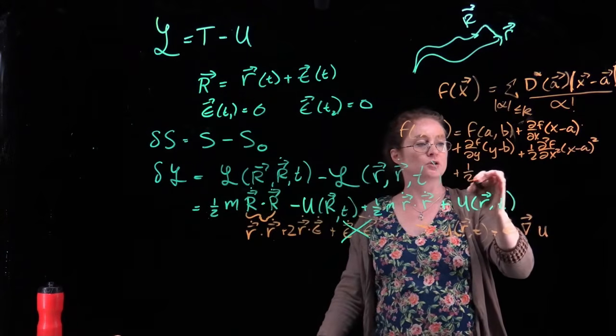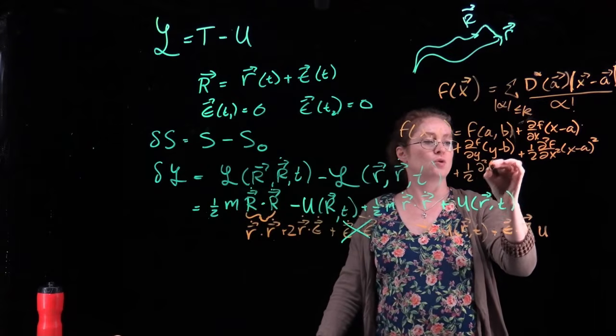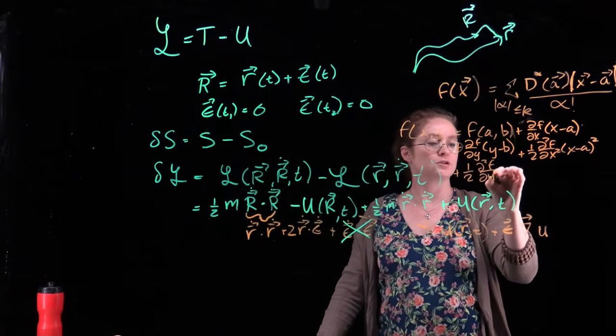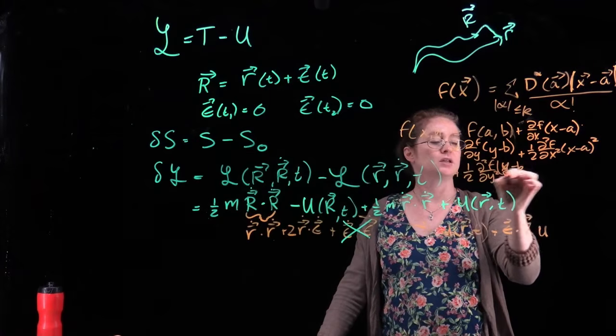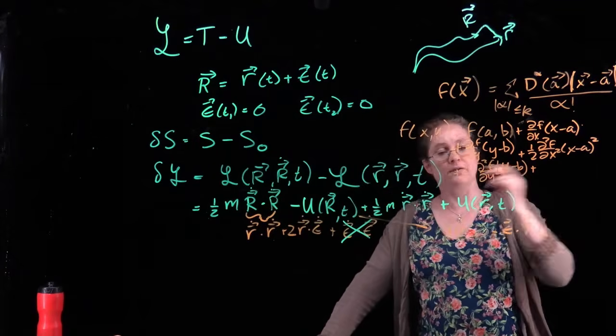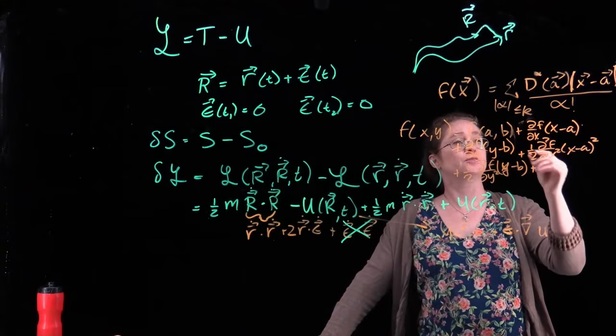You're going to have a similar term for the y term, y minus b. And then you're going to have the cross derivative term.